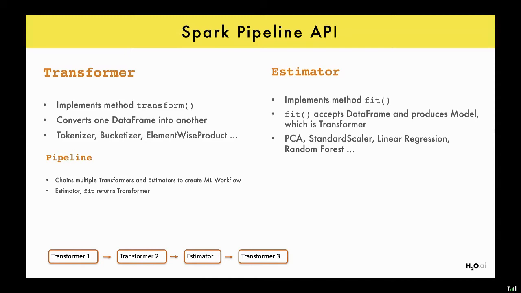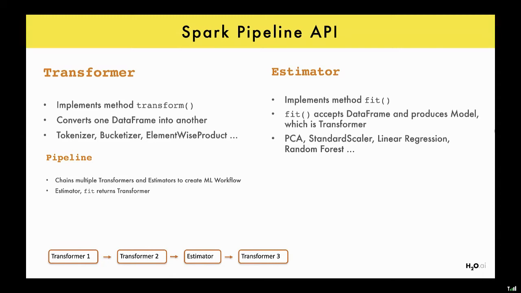Let's say you have one column with a string representation of a date, and you want to create 2 new columns, year and month. That transformer can take that dataset with the string column and create a new dataset with the original column and 2 additional columns, year and month.